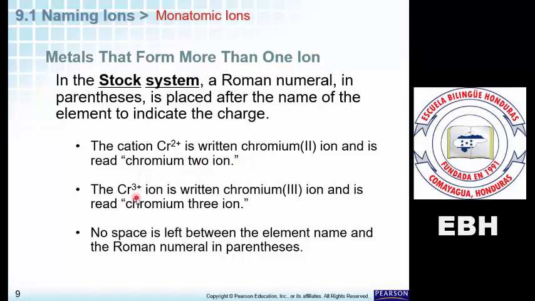Another example with the chart: the 3 charge ion is written chromium(III) ion and read chromium three ion. Remember this rule: no space is left between the element name and the Roman numeral in parentheses.